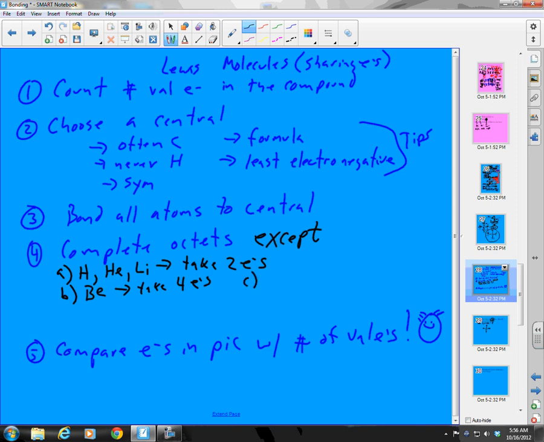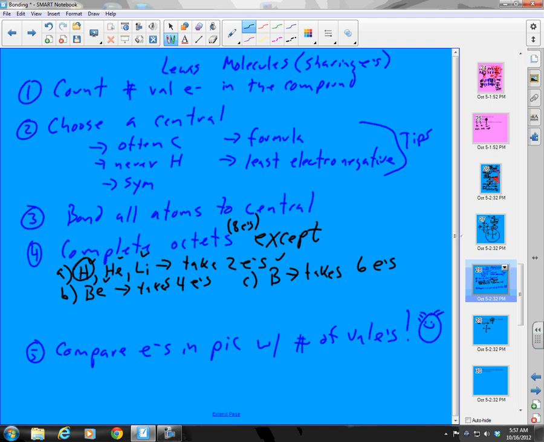And boron usually takes 6 electrons. So we complete the octet, that means 8 electrons, with the exception of these 1, 2, 3, 4, 5 for the time being. There's another exception coming.